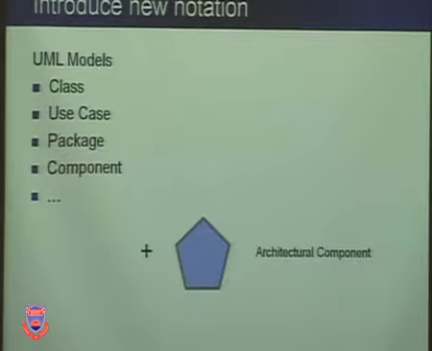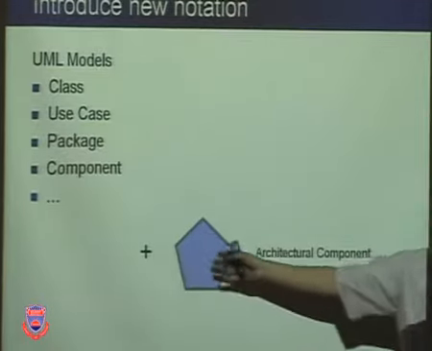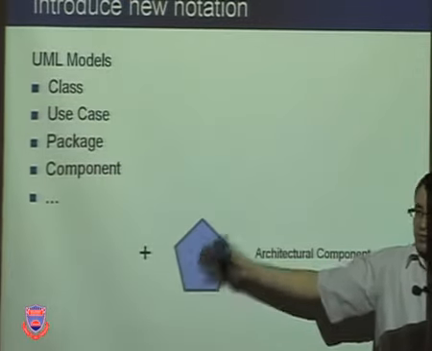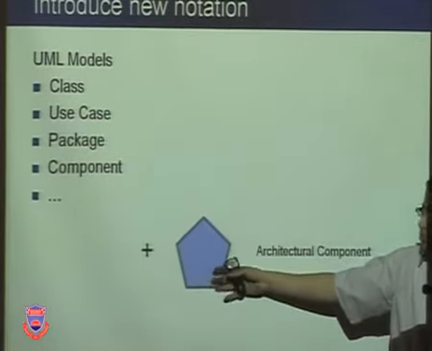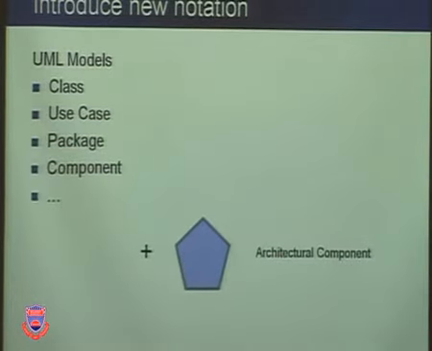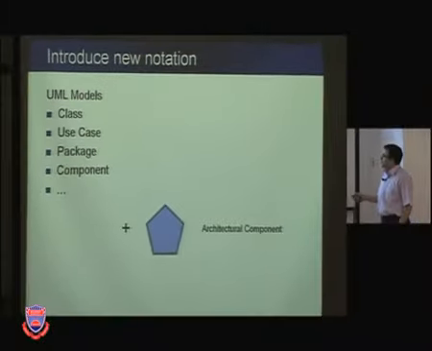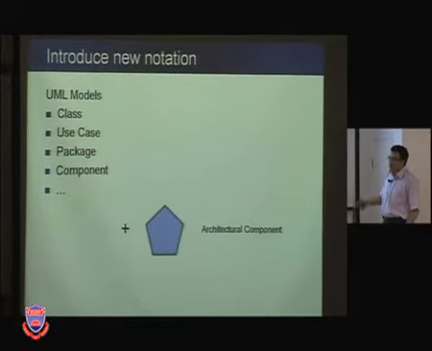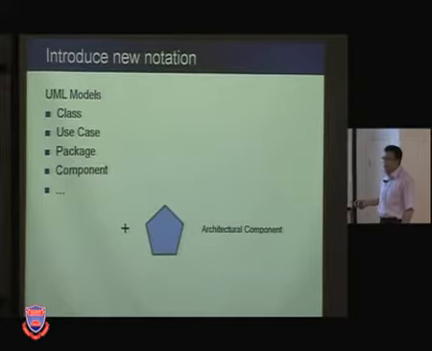So what does it mean? Very concretely, this could be a funny component that you could say, this is my architecture. It's just to distinguish between the others. So you have UML models, class, use case, packages, but you say, I don't want to use any of them. I add my own architectural element.